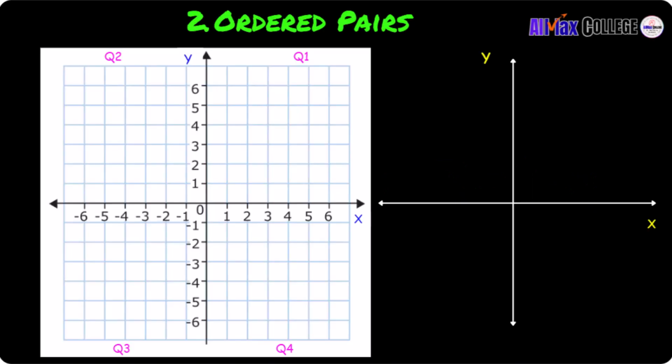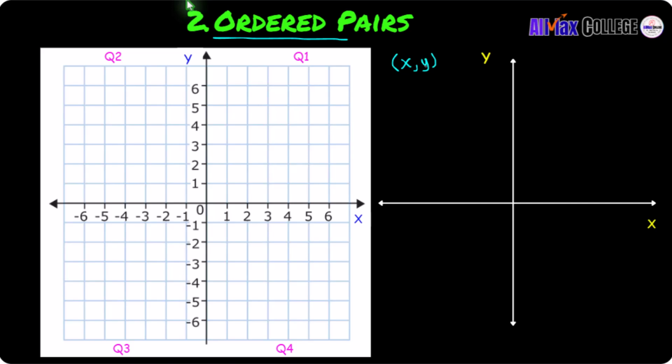Number 2, ordered pairs. An ordered pair looks like this: (x, y), x, comma, y, inside brackets.